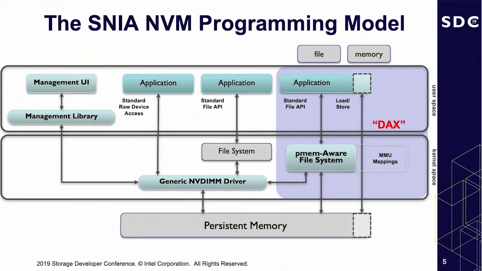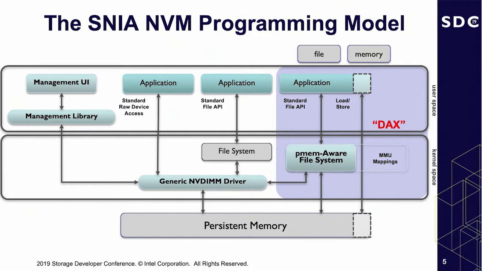Well, again, this isn't really leveraging fully what persistent memory can do. To do that, we end up on this right-hand side of the diagram. And just to quickly recap it for those who may not be as familiar with it, on the right-hand side of the diagram, we now have a persistent memory-aware file system. It allows the standard APIs to work, and then when you memory map a file, you get this arrow on the right, which provides direct access, or DAX.